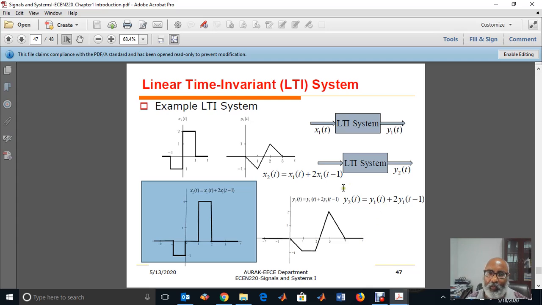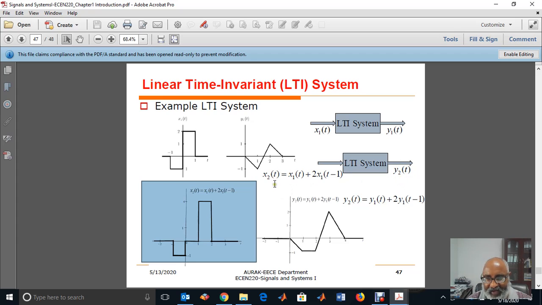You see, so we use the LTI property to find the output y2(t) given the input x2(t), x1(t), and y1(t). So what are given? x1(t), the input to the system, y1(t), the output, and x2(t). Then what is required to find y2(t)?